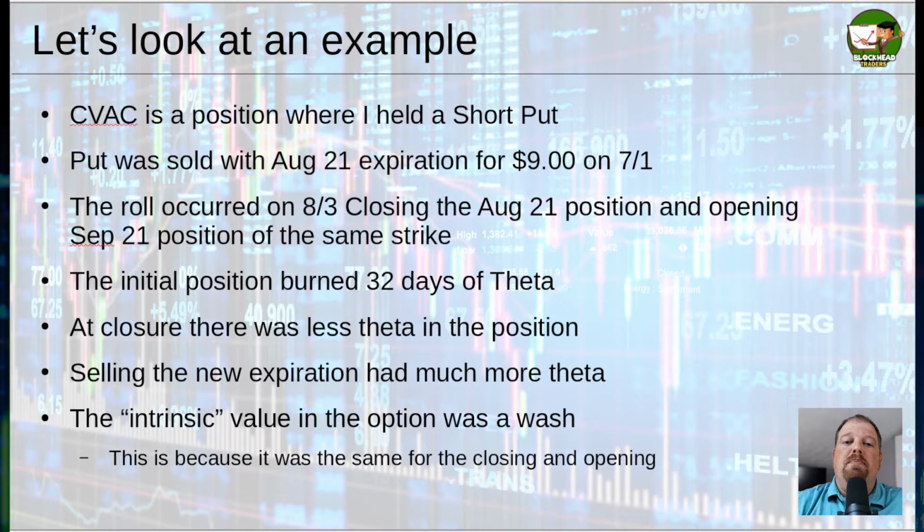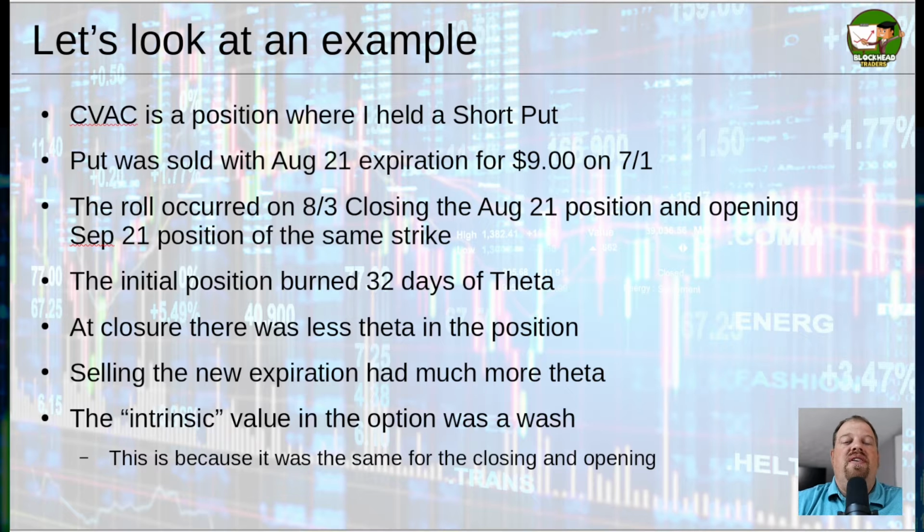And because I was paying that intrinsic value to close my August position, when I turned around and sold the position in September, that September strike was the exact same distance in the money. So I basically sold that intrinsic value back, or received a credit from that intrinsic value when I sold the September expiration.